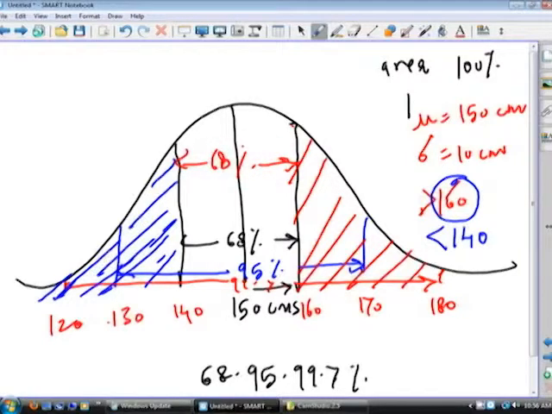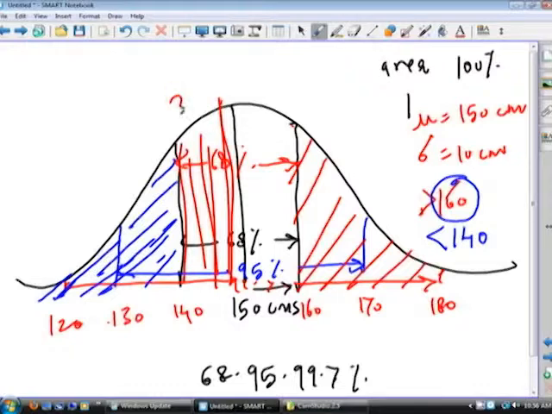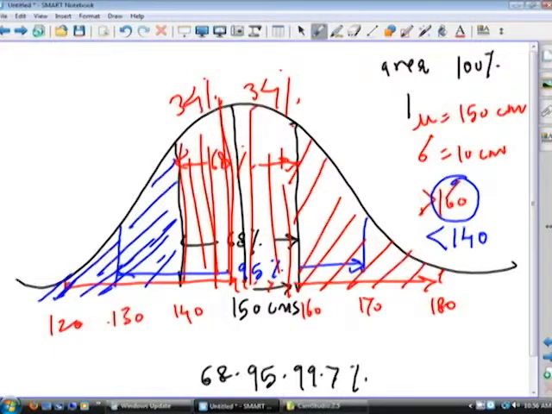So area covered on one side of the curve from the mean until first standard deviation, say 140, will be 34%, and likewise from 150 through 160, it will be 34% on this side. Similarly, if we go from this, let me select the third page.